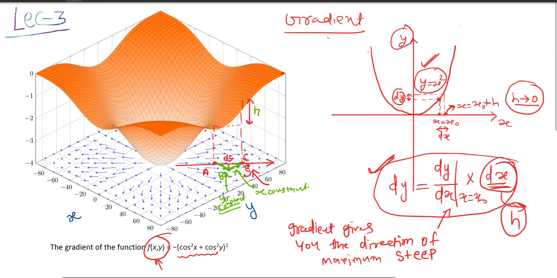Okay, so this distance is my dx, let's say, and this distance is my dy. And this was ds.